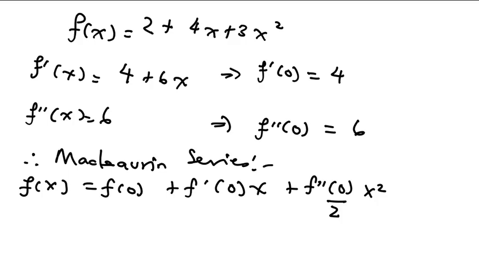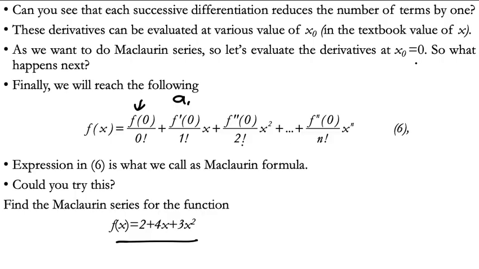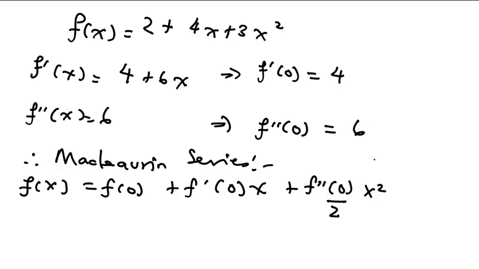If you recall, we have 2 factorial, and 2 factorial means 2 times 1, which is equivalent to 2, isn't it? So that's why here I don't put 2 factorial.